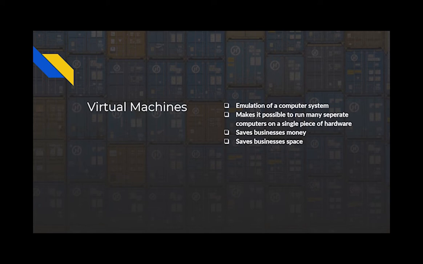They make it possible to run what appears to be many separate computers on hardware that is actually only one computer. It saves businesses money, it saves businesses space, as in the space to prevent rooms full of computers.